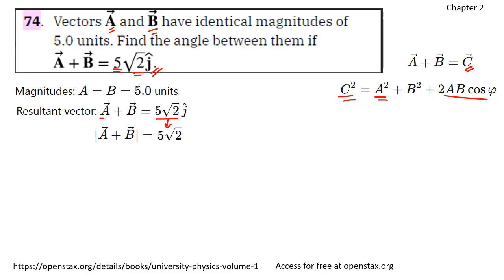We can use this identity to find the angle, because phi represents the angle between A and B.